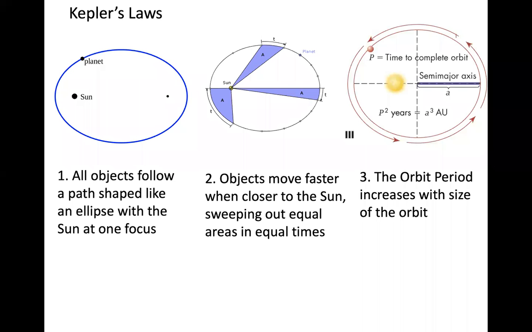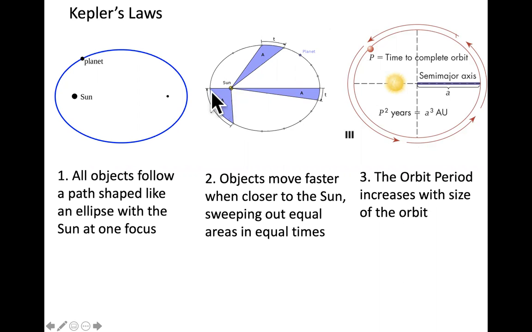And so I want to go over these three rules. The first of the rules describes the shapes of these orbits. It says that all orbits around the sun are shaped like ellipses, with the sun located at one of the foci of the ellipse. What's a foci? We'll get to that. The second and third rule describe the motions around these tracks.